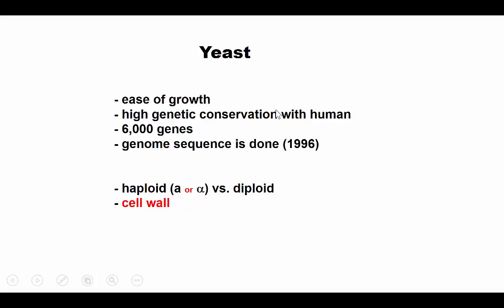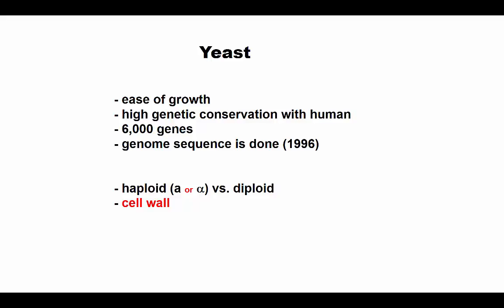Now, another interesting observation is that yeast is a monocellular organism, but they have sex. We don't call them male or female, but we call them A form or alpha form. And interestingly, the sexual forms are haploid. That means they have only one set of DNA. It's like a sperm or egg cell status.